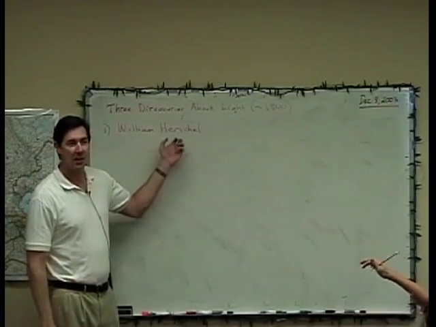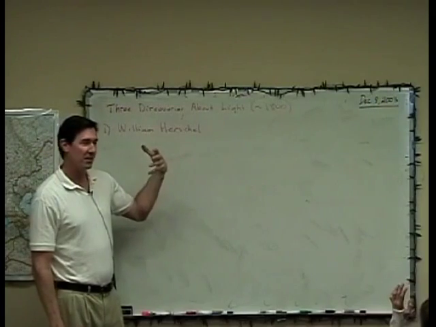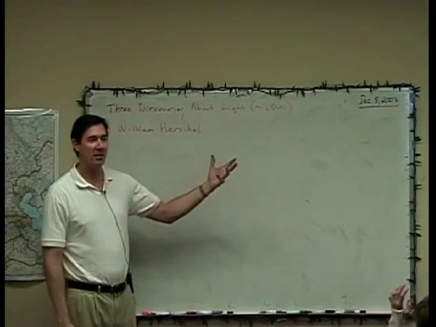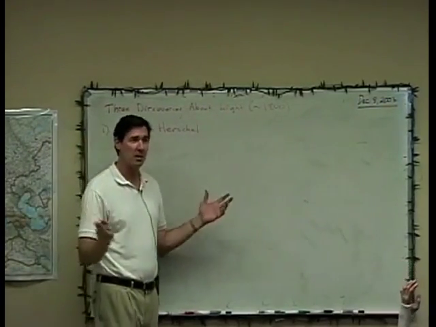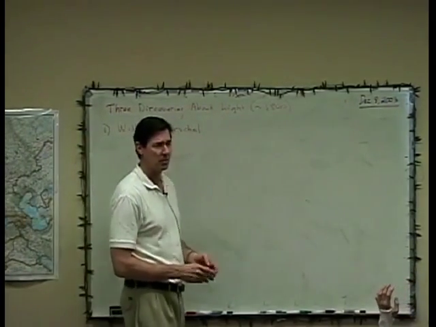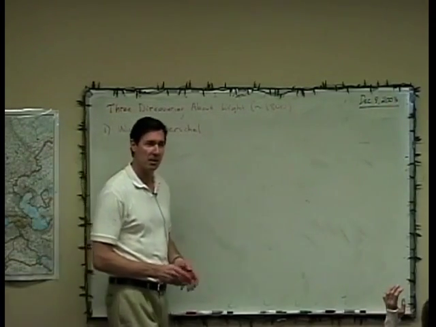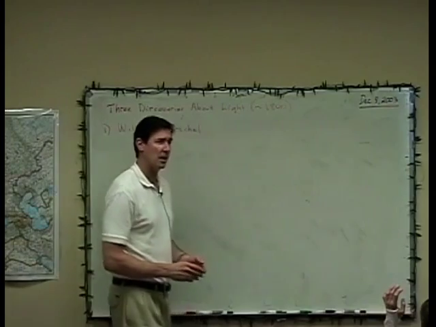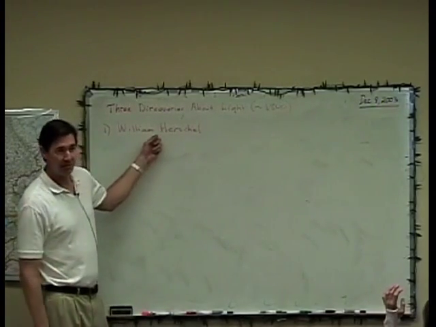He made many discoveries in astronomy because he was the first to build these incredible telescopes that gathered enormous amounts of light, magnified by factors of thousands. His most powerful telescope, I believe, magnified by a factor of 6,000. So he was a great astronomer.